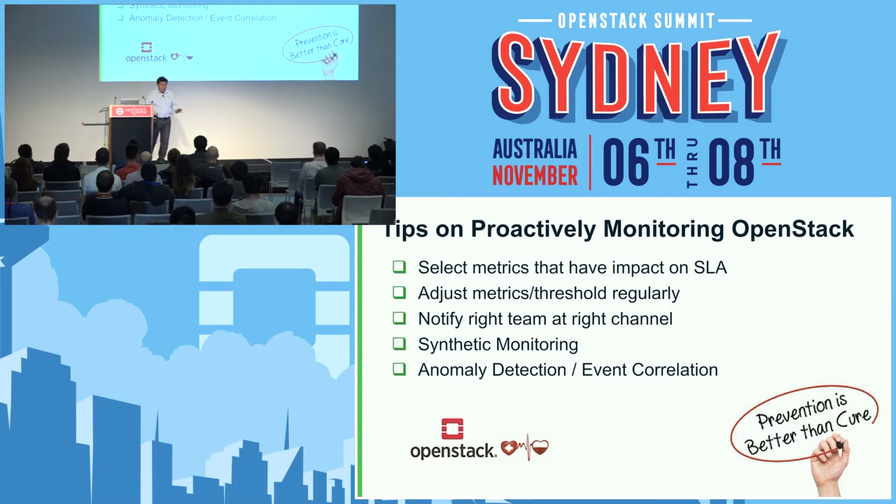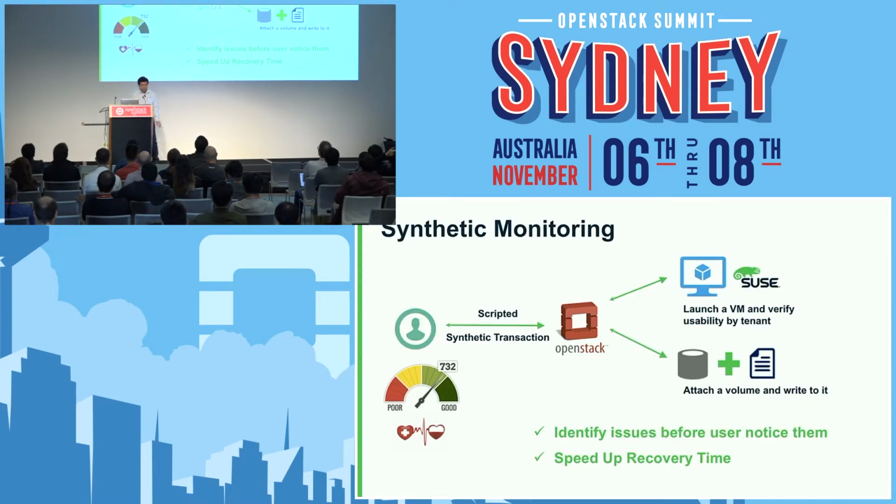Another thing is about synthetic monitoring and anomaly detection. Let me go through it in detail. So synthetic monitoring, what is it? Synthetic monitoring is an end-to-end workflow that is commonly used in your customer use cases. In this example, the customer usually will launch a VM, and you want to verify that it's usable by the tenant.